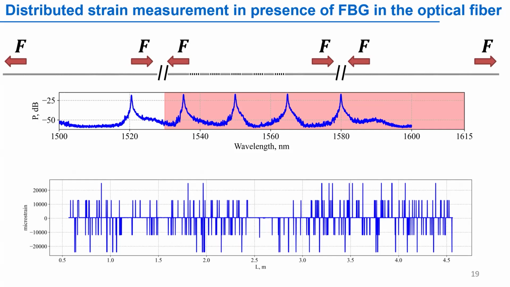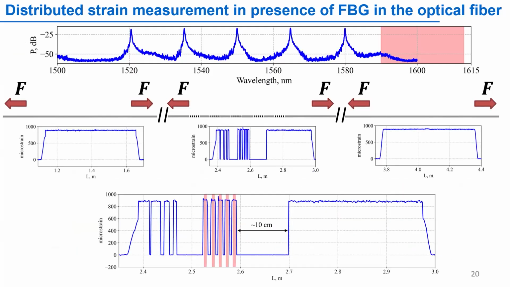So at the first step, we took the biggest scanning wavelength range that the reflectometer could provide, and it includes 4 fiber Bragg gratings with bigger reflectance. And in this case, the strain measurement is not satisfactory because there is a lot of measurement noise and no useful data.